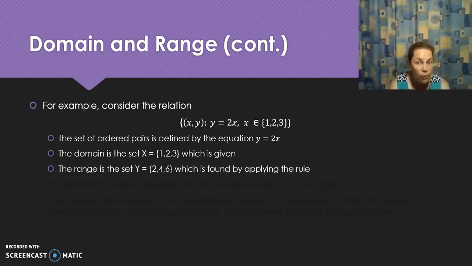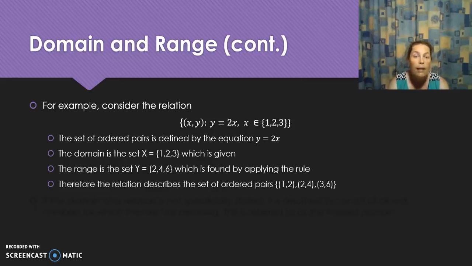The range, therefore, can only be when y equals 2 times 1, y equals 2 times 2, or y equals 2 times 3. So the range has to be 2, 4, and 6, and that's found by applying the rule. Therefore, the relation describes the set of ordered pairs (1, 2), (2, 4), and (3, 6).